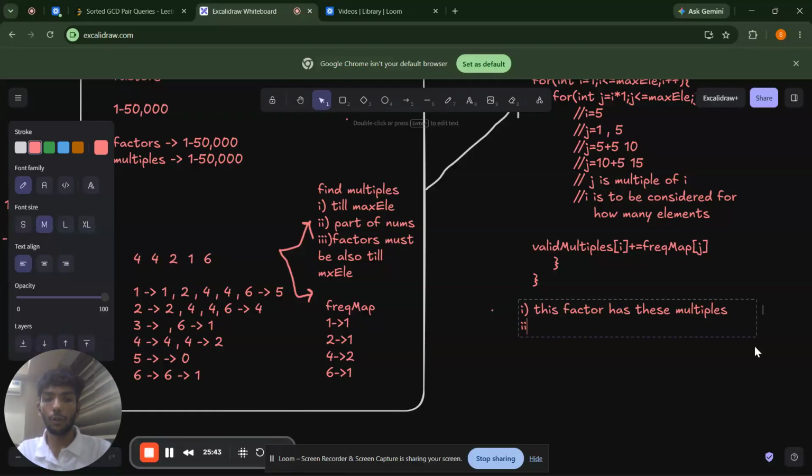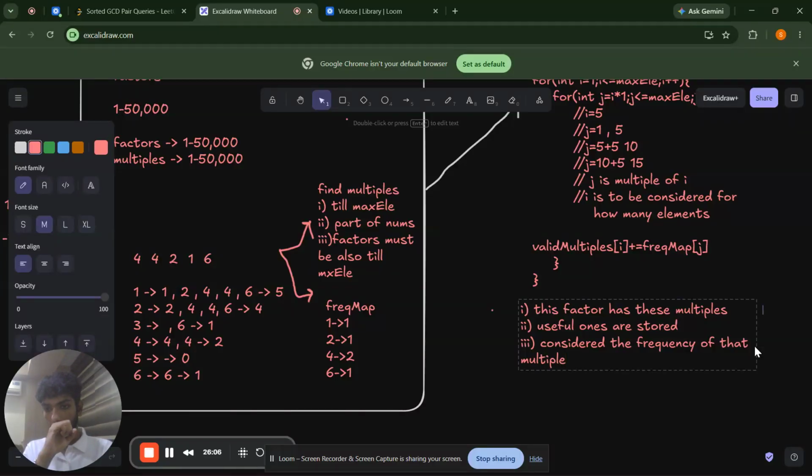We have also ensured that only useful ones are stored, and also we have considered the frequency of that multiple. Now what to do?